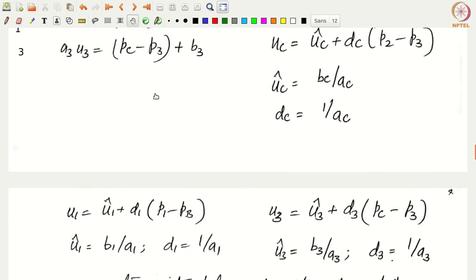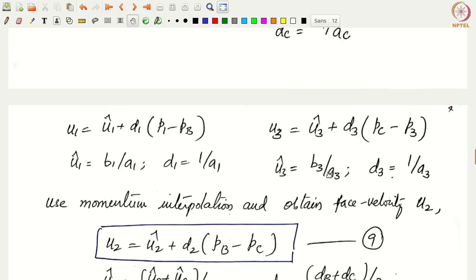Similarly, for node 3, if you divide everything with A3, you will get U3 equals U3 hat plus D3 times P_C minus P3, where your U3 hat is B3 upon A3 and D3 would be 1 upon A3, right? So again we just converted the four discrete momentum equations into this kind of hat form.